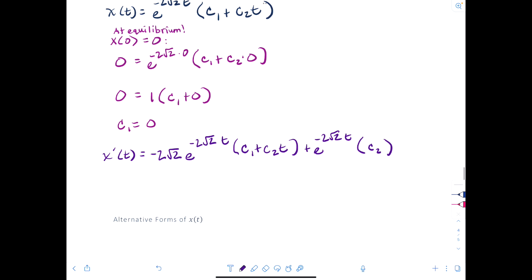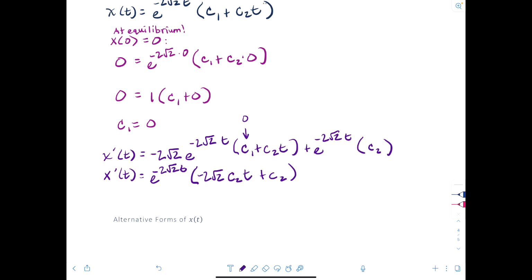And so cleaning it up, remember that c1 is 0, right? And so it looks like we can go ahead and write x prime at t as e to the negative 2 root 2 t times negative 2 root 2 c2 times t plus c2.